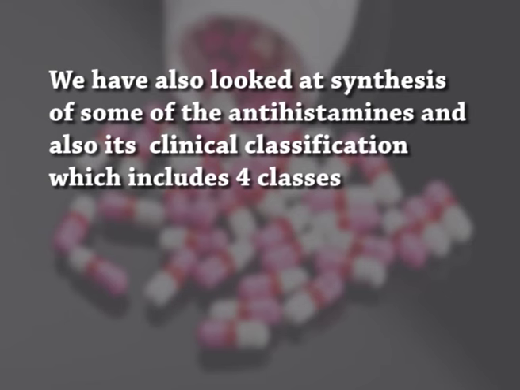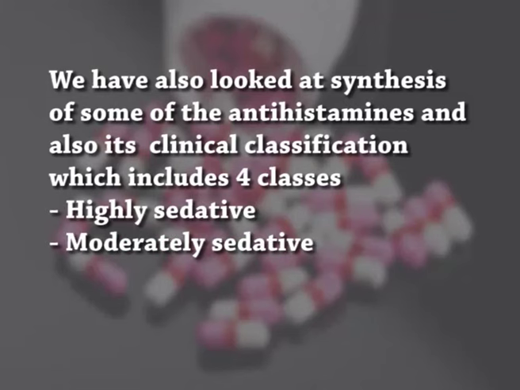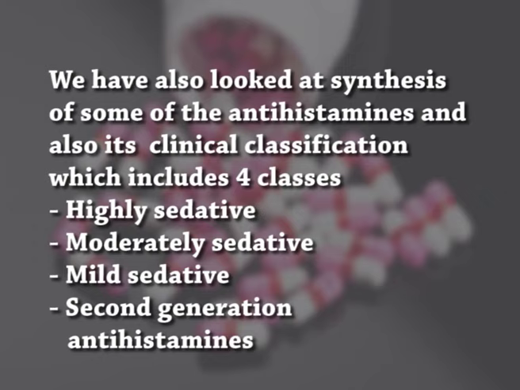We have seen the pharmacokinetics of antihistamines and their major side effects, the most frequent side effect being sedation. We have also looked at the synthesis of some of the antihistamines and their clinical classification, which includes 4 classes. First is highly sedative, second is moderately sedative, third is mild sedative antihistamines, and fourth is second generation antihistamines.